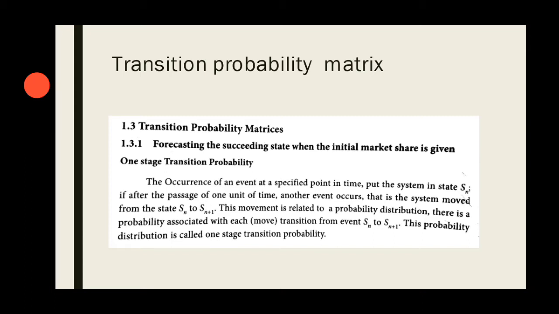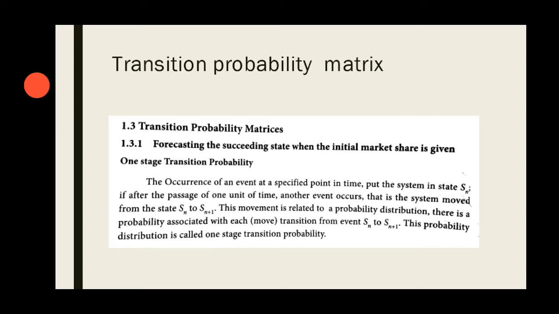One stage transition probability: the occurrence of an event at a specified point in time put the system in state Sn. If after the passage of 1 unit of time another event occurs, that is, the system moved from the state Sn to Sn plus 1, this movement is related to a probability distribution, that is, a probability associated with each move, the transition from Sn to Sn plus 1.